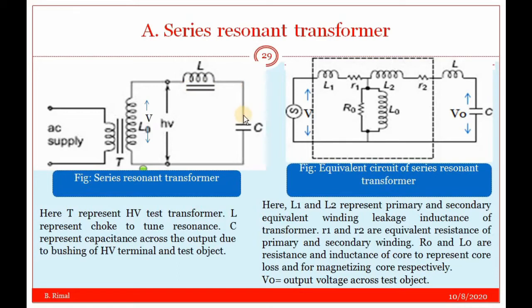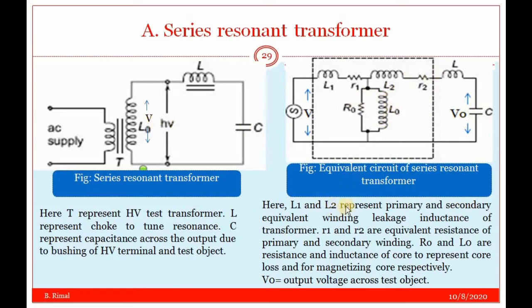Generally this resonant transformer method is used to test high voltage cables in dielectric loss measurements, and this C represents the capacitance of the test object. This series resonant transformer can be made as an equivalent circuit, which is shown here. This is the simple equivalent circuit of a transformer, and this L and C are the same as in the actual series resonant transformer.